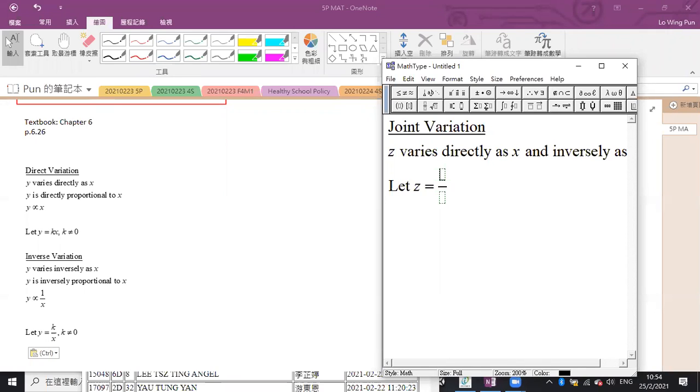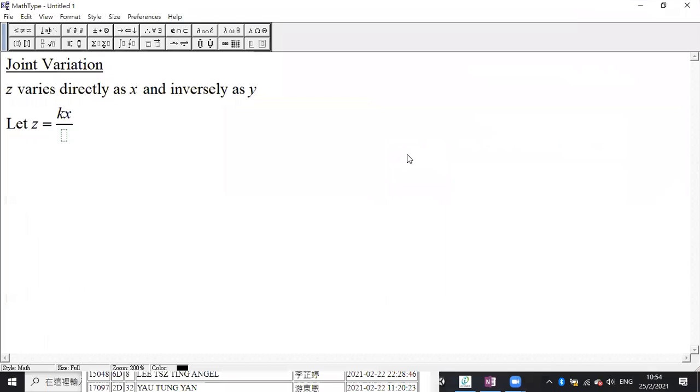If the unknown is in direct variation, then we will put it on the top, with a k here. We always have a k. And then if it is in the inverse variation, like y here, it will be put in the bottom, where k is not equal to 0.